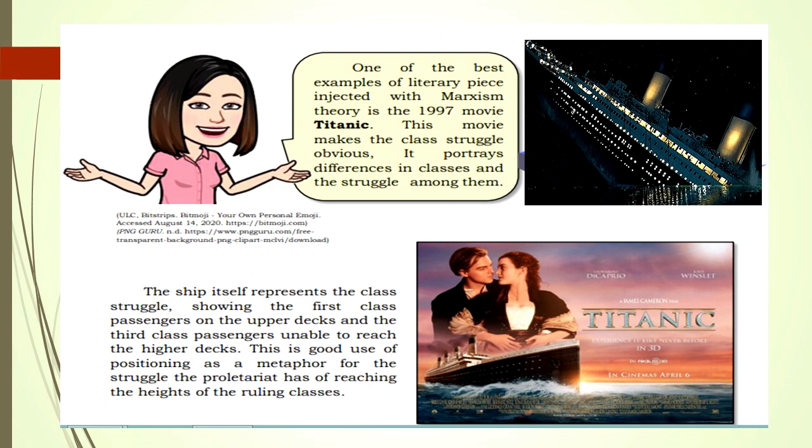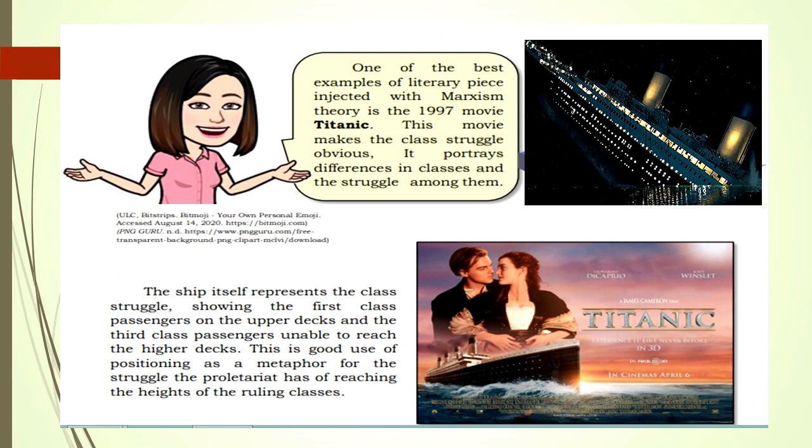So, one of the best examples of literary piece that is injected with Marxism theory is the popular 1997 movie Titanic. Have you watched that movie? Now, this movie makes the class struggle obvious that it portrays differences in classes and struggle among them.